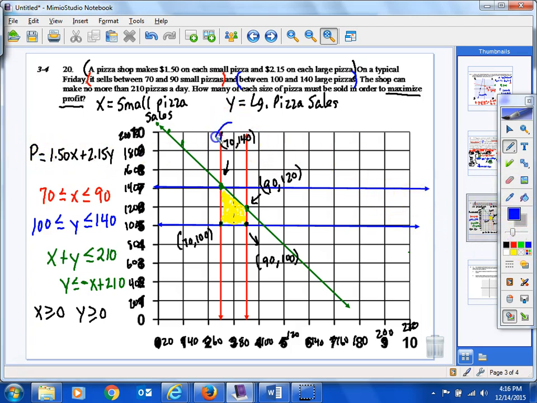So when you test them, you should find out that the combination of 70 small pizzas and 140 large pizzas would give you the maximum profit. And the problem didn't ask us to give that profit number, so you don't have to worry about showing that. You just need to figure out by plugging in which one would give you the maximum.